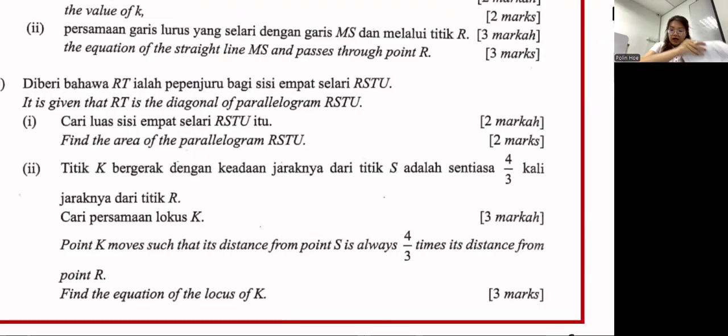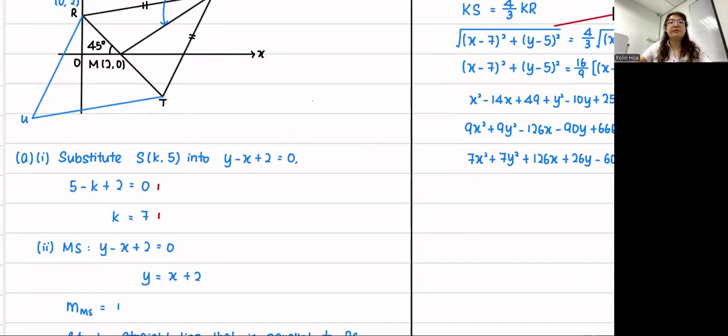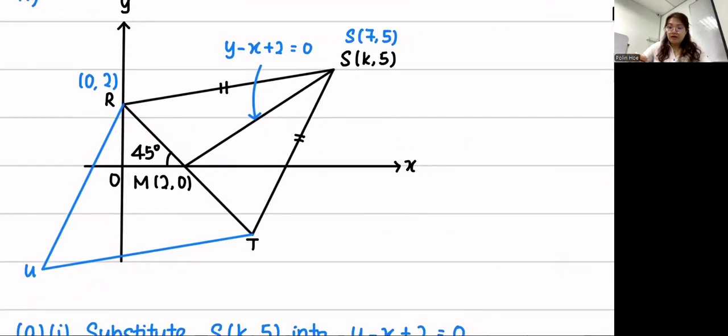It is given that RT is the diagonal of the parallelogram RST. You cannot see this one, but let me draw for you. RT is the diagonal of the parallelogram, and this is the midpoint, which means if I cut this into 4, these 4 have the same area.